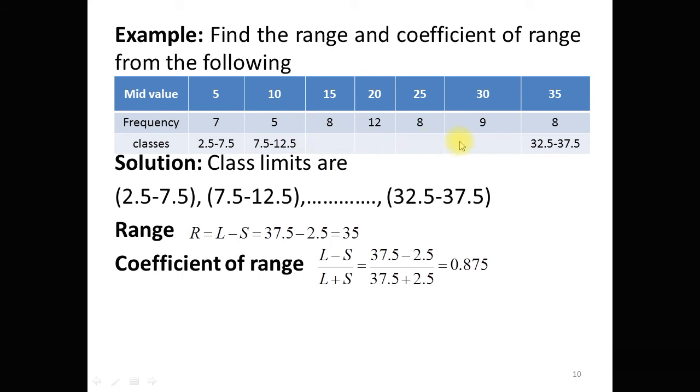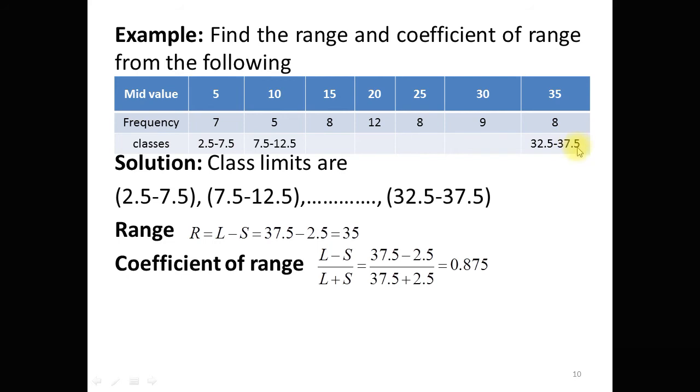So in the form of group data, we can calculate the range by the largest value of the highest class and the lowest value of the smallest class. So in this data you see over here, the highest class is 32.5 to 37.5.